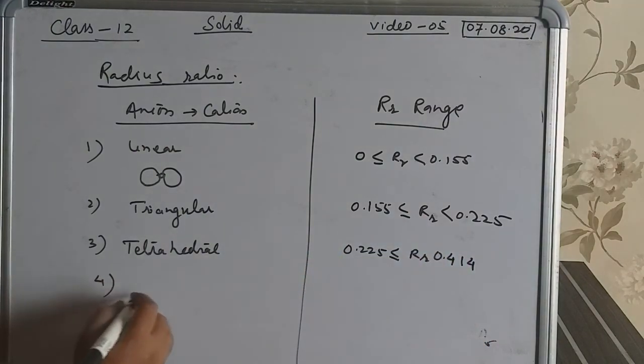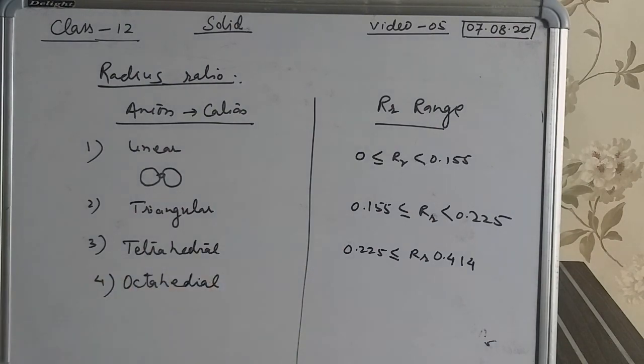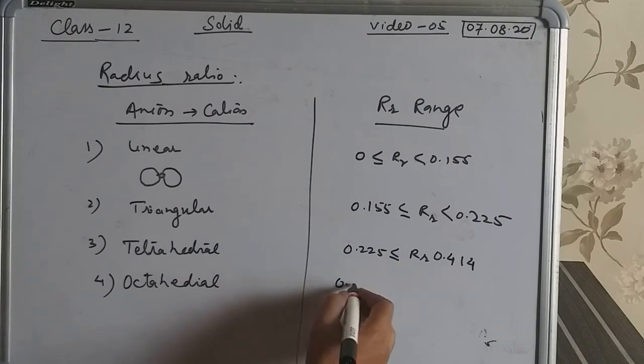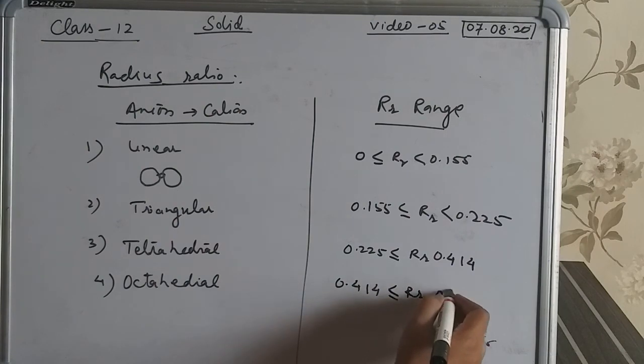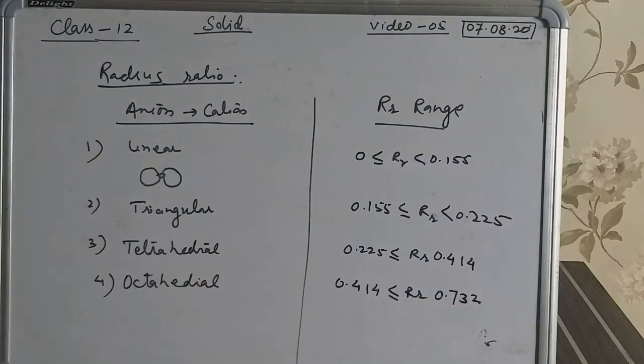In case of octahedral, which is made up of 6 atoms, the radius ratio is 0.414 to 0.732. And last, in case of body centered cubic, which is made up of 8 atoms, the radius ratio is 0.732 to 1. So this is the summarized form to remember and find the radius ratio of different voids.